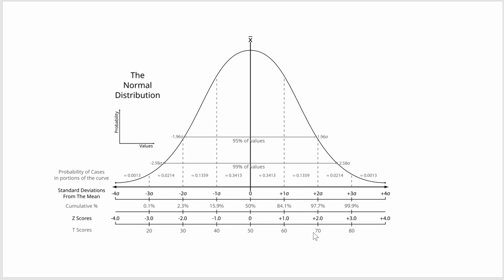Now, why is the normal distribution important? Because if this is the mean and this is one standard deviation, then one standard deviation covers about 68% of the area. Two standard deviations cover 95% of the probability.